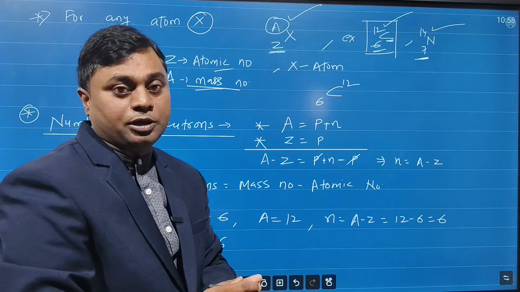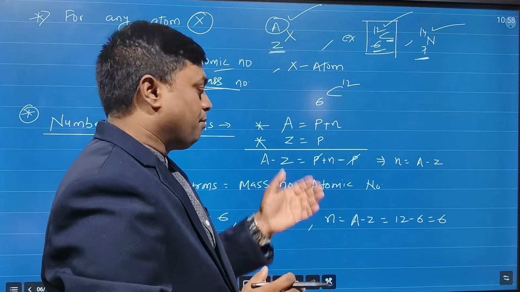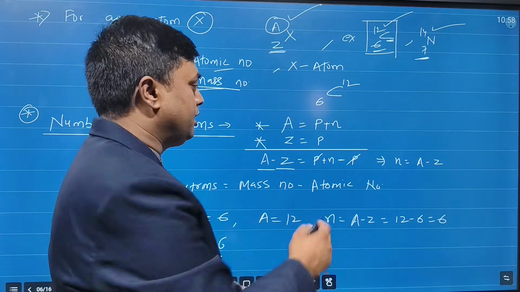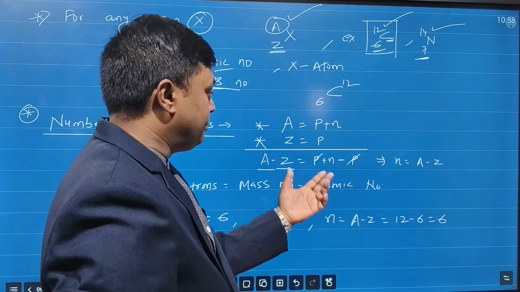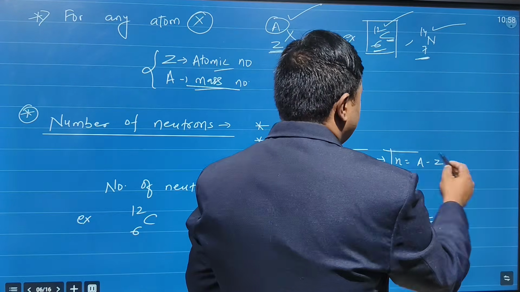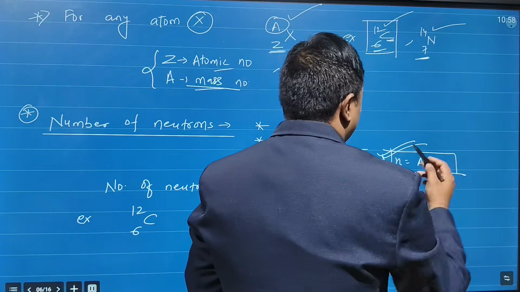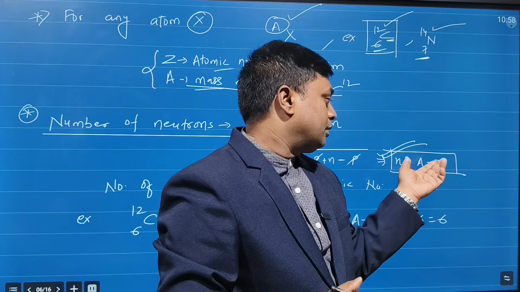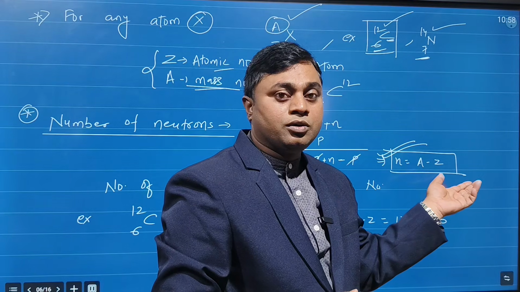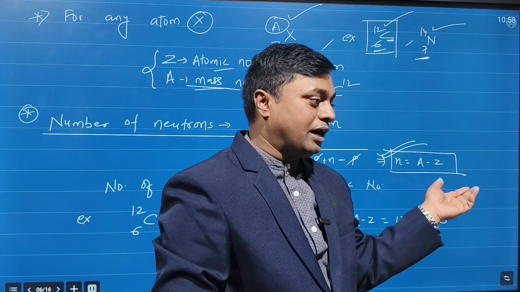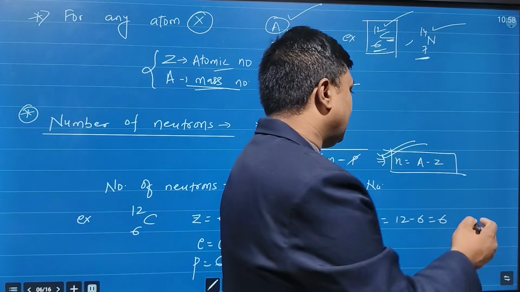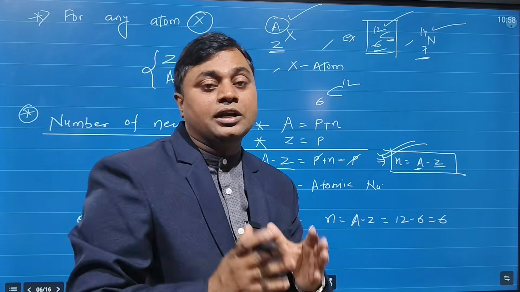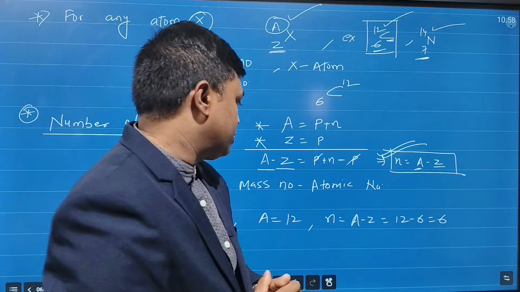Subtract mass number minus atomic number, so A minus Z, that is P plus N minus P. The P gets cancelled, so you get the number of neutrons equal to A minus Z. It means we have to subtract the atomic number from the mass number. So mass number minus atomic number will give you the number of neutrons, yes or no?